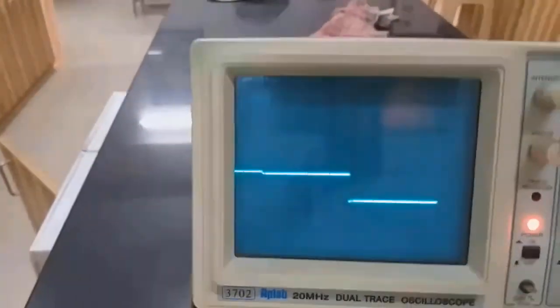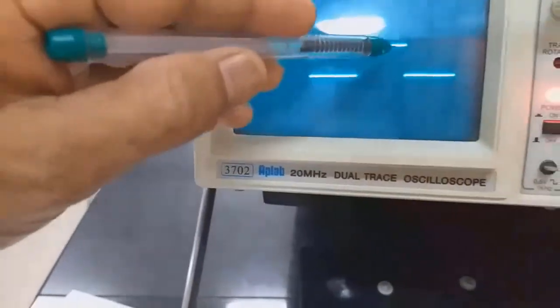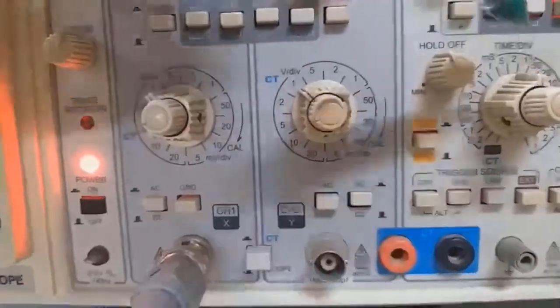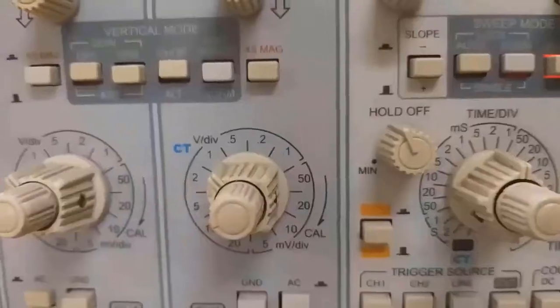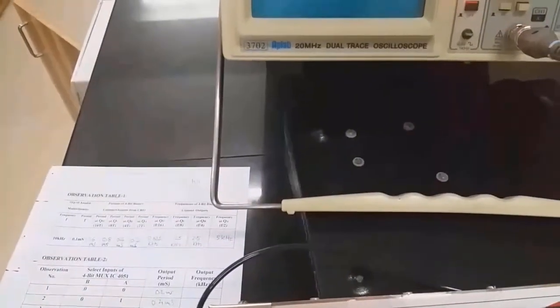So measure the distance between the two similar points. 1, 2, 3, 4. 4 divisions. The time per division knob is at 0.2 millisecond per division. So 4 into 0.2 gives 0.8. So the period of this waveform is 0.8 millisecond. You take 1 upon 0.8 millisecond, you get the frequency equal to 1.25 kilohertz.